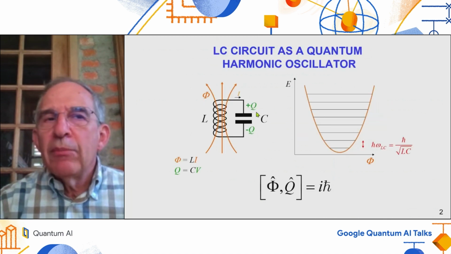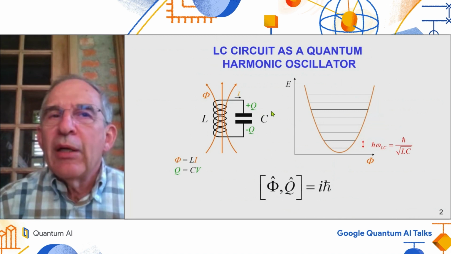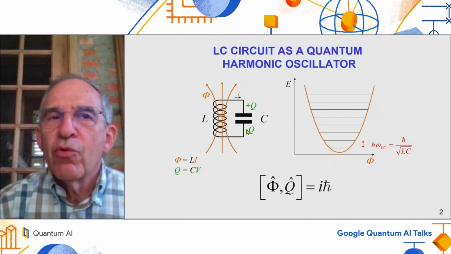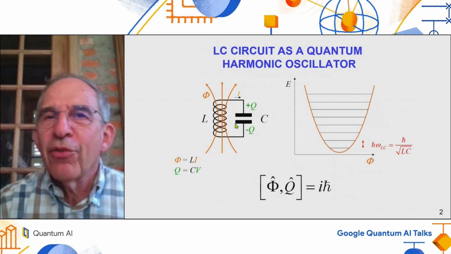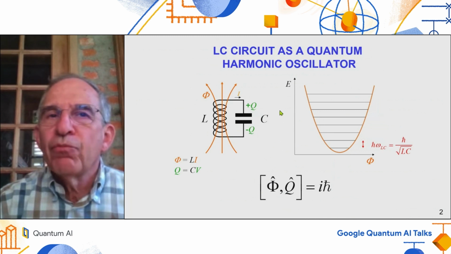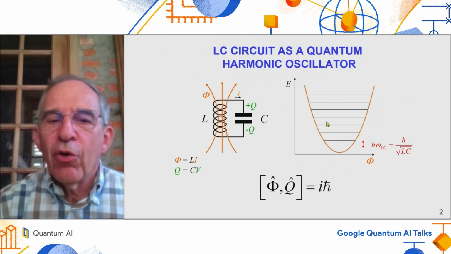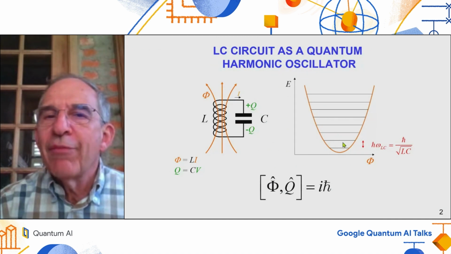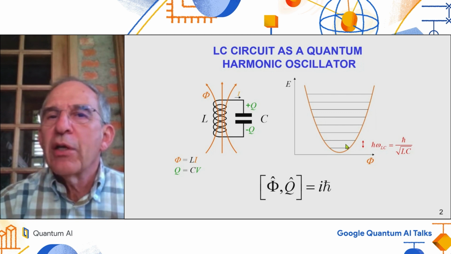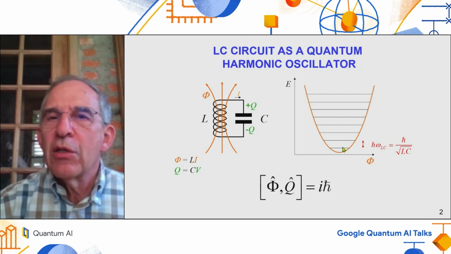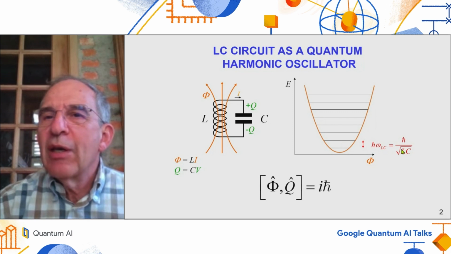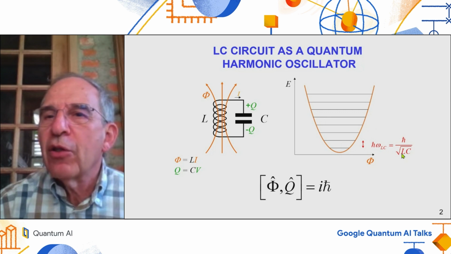If we keep discussing this LC circuit, whose schematic is given on the left, we have essentially a harmonic oscillator. It's an electromagnetic oscillator, and like the mechanical one, it has energy levels. Interestingly, the distance between levels, which corresponds to the transition frequencies between these levels, is given by a combination involving the value of the inductance and the capacitance.